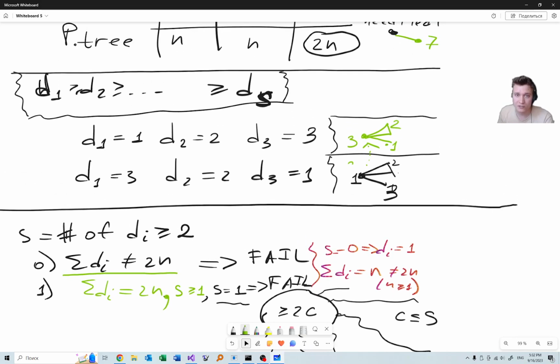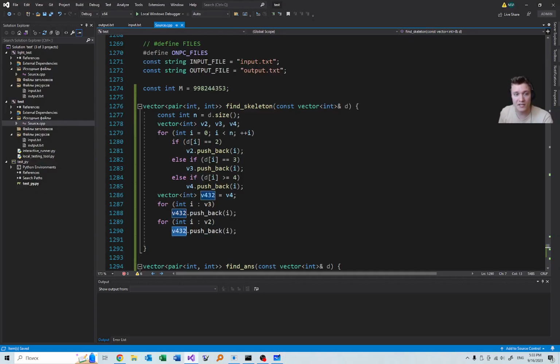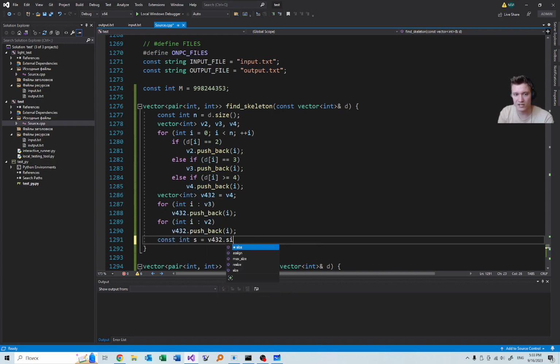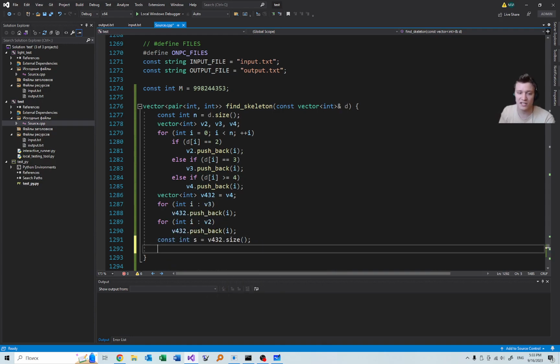It is not sorted, because vertices of degree 4 can be shuffled in any order. But it doesn't bother us, because all we need is to discriminate between vertices of degree 2, 3, and at least 4. And leaves, of course. But leaves are already removed from consideration. Now we can say constant s equals v432.size, and we can begin considering cases.